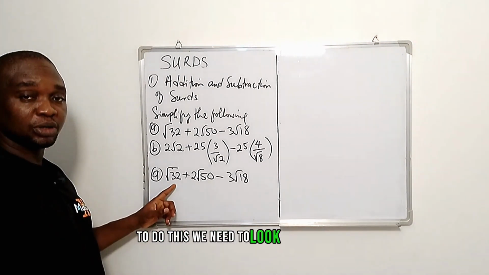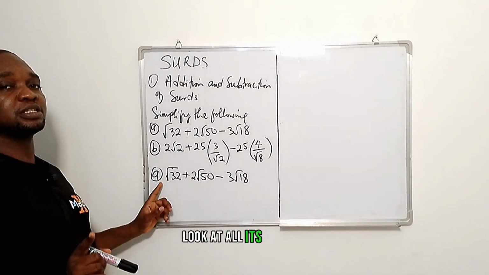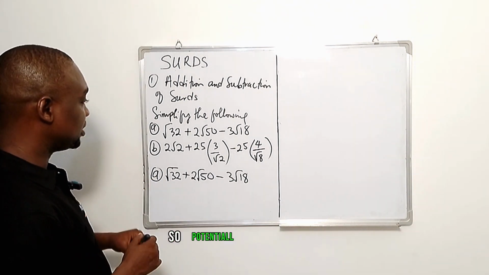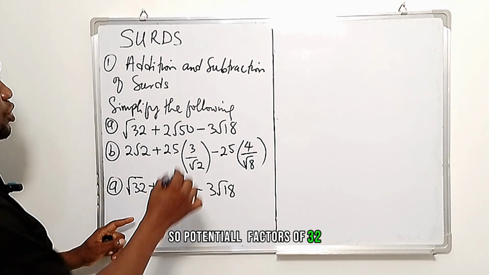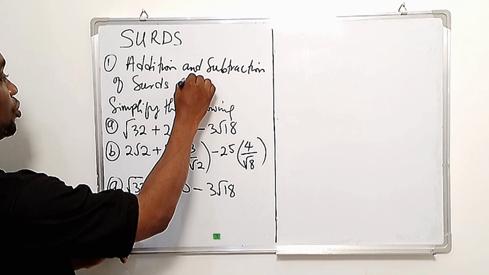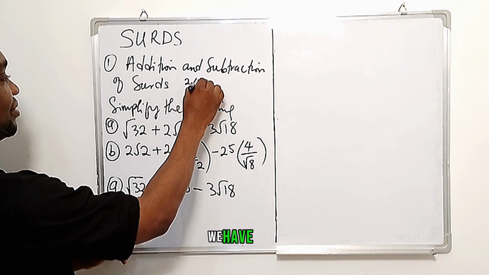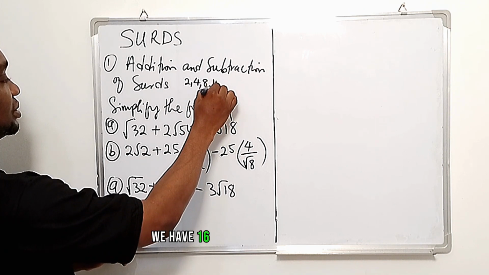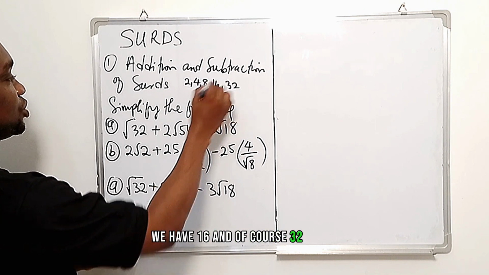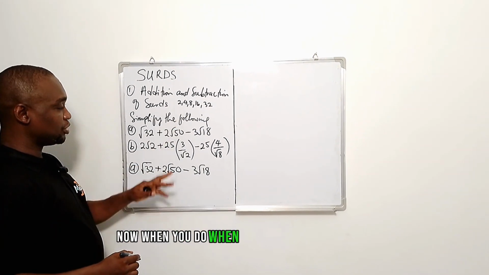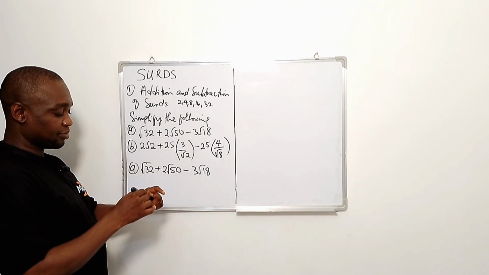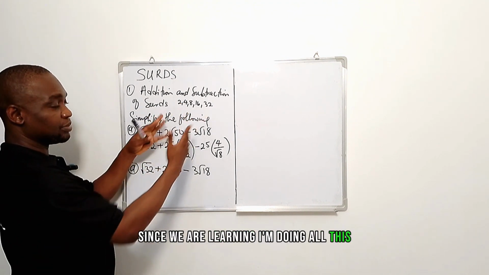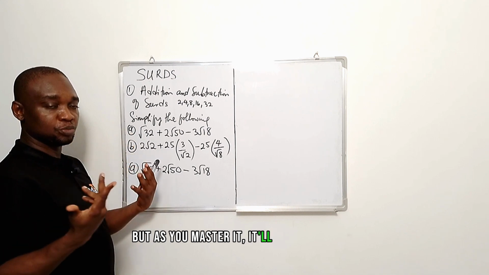To do this, we need to look at this number 32, look at all its factors. So potentially factors of 32, we have 2, we have 4, we have 8, we have 16, and of course 32 itself. Since we are learning, I'm doing all this, but as you master it, it will be in your head.